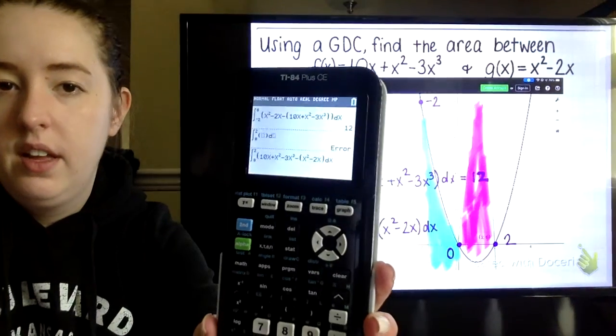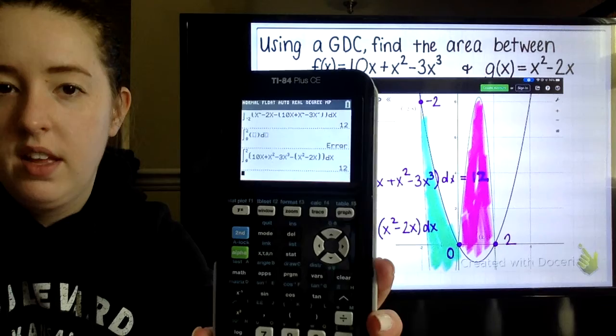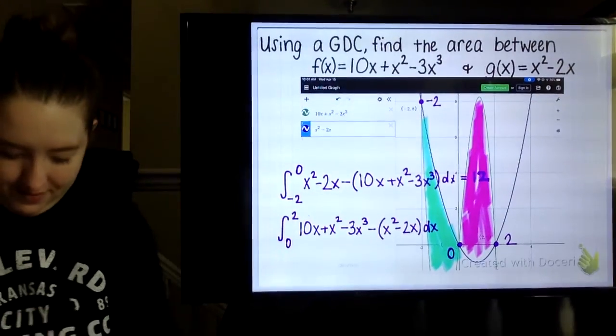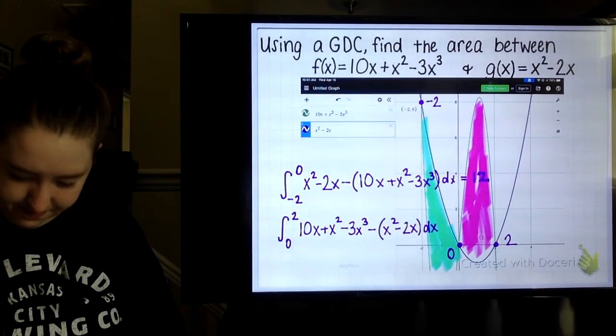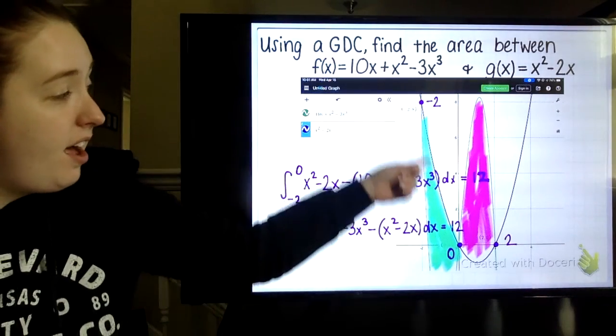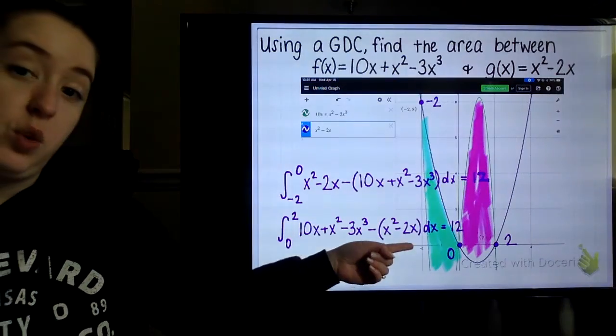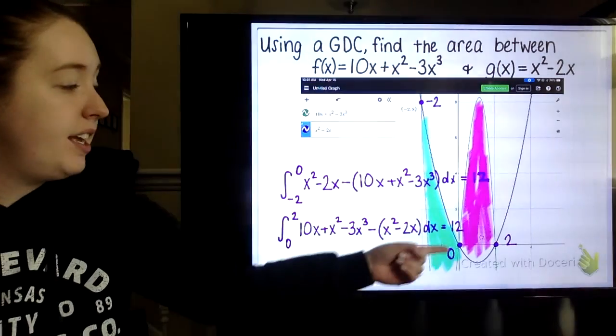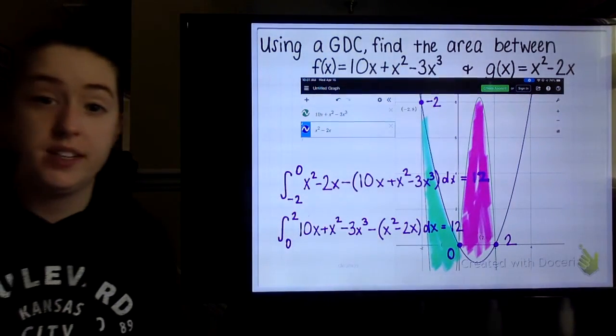Good deal. And then we'll press enter. And that's 12 as well. So the area of the green is 12 units squared, and the area of the pink is 12 units squared.